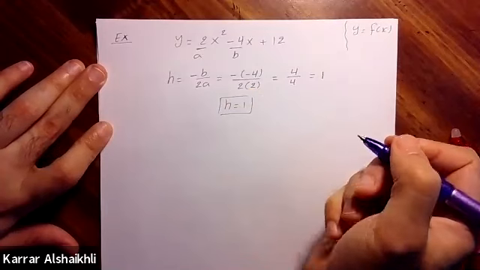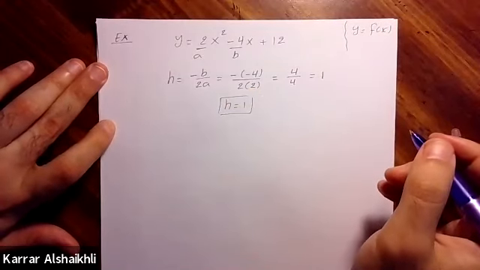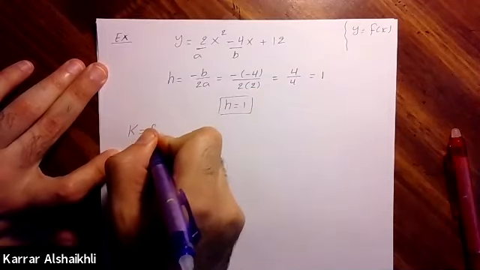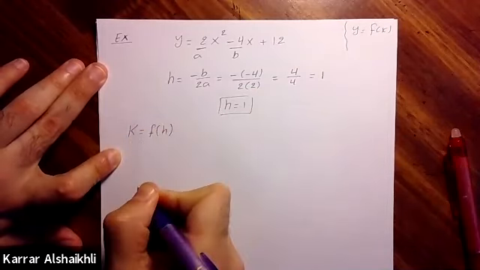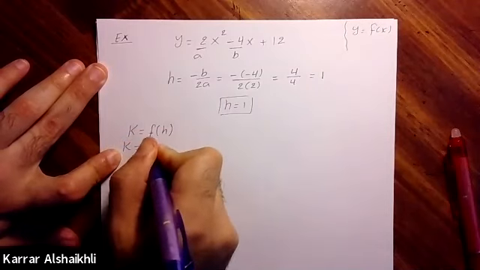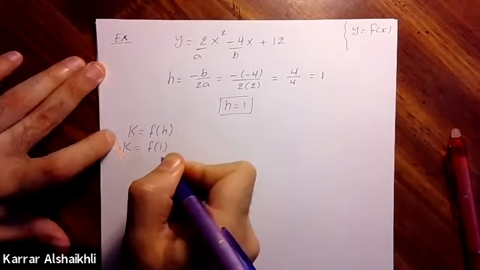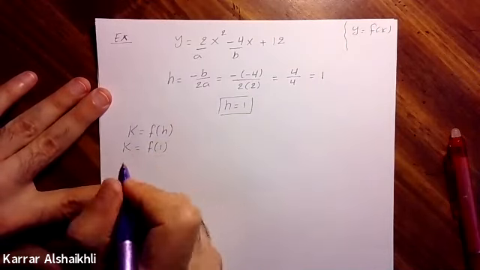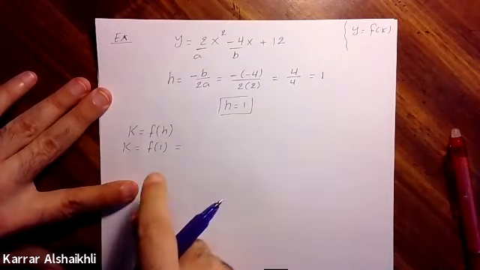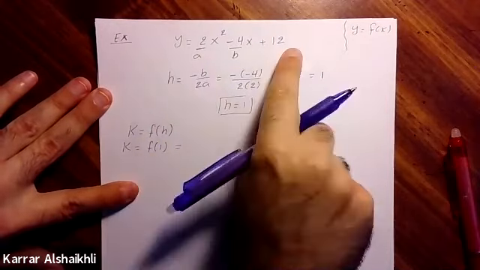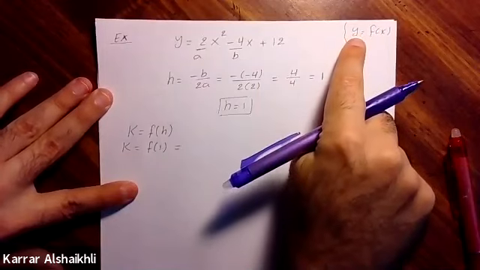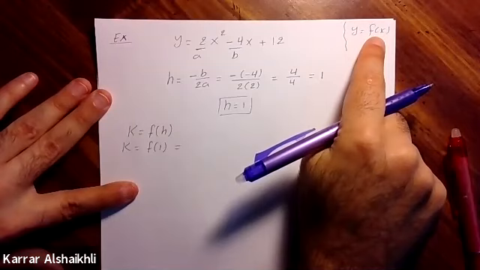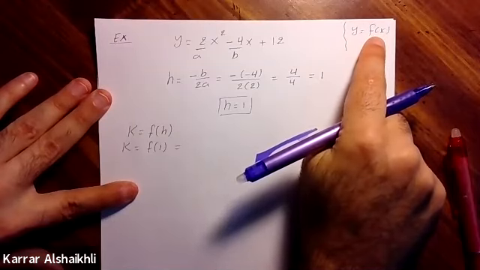This is the first thing. Now we need to find the k. K equal f of h. So k equal f of 1, because h equal 1. That means we're going to plug in 1 in the f function, which is this one, exactly the same thing. That's why I told you, don't confuse yourself. Y is the same thing as f of x.